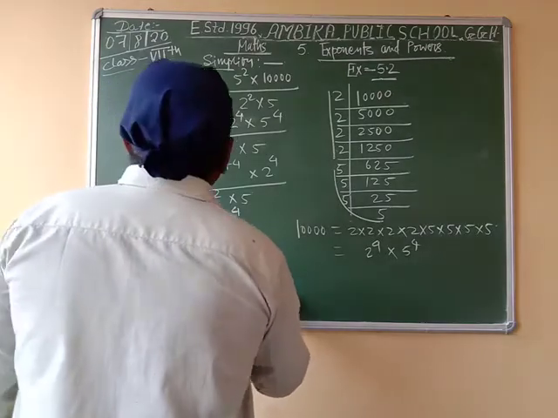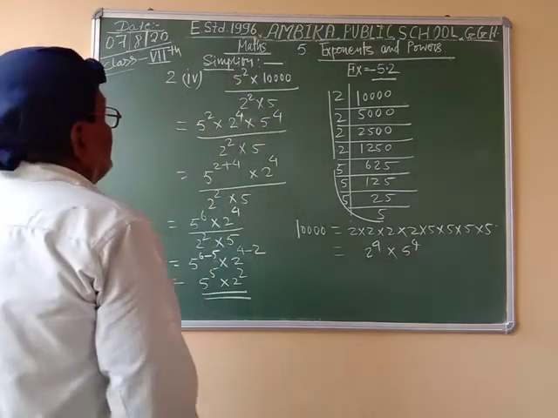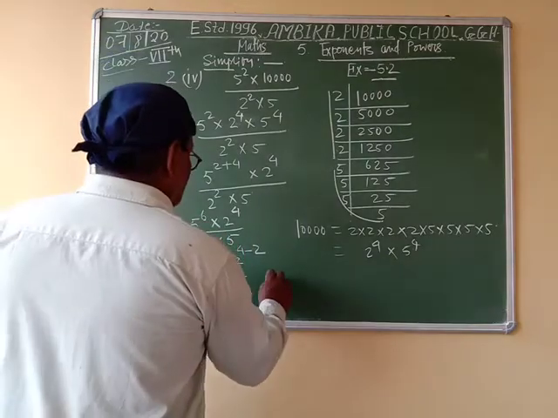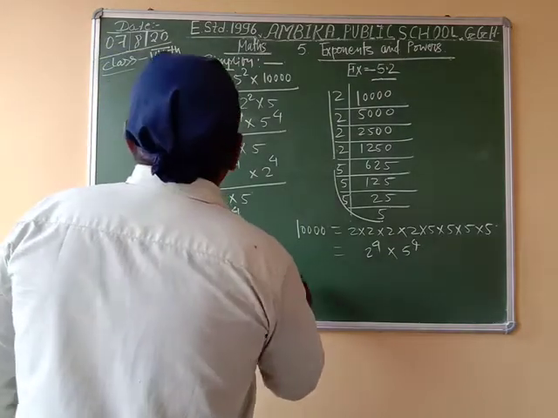So the exponential form of the given expression is 5 to the power 5 into 2 square.